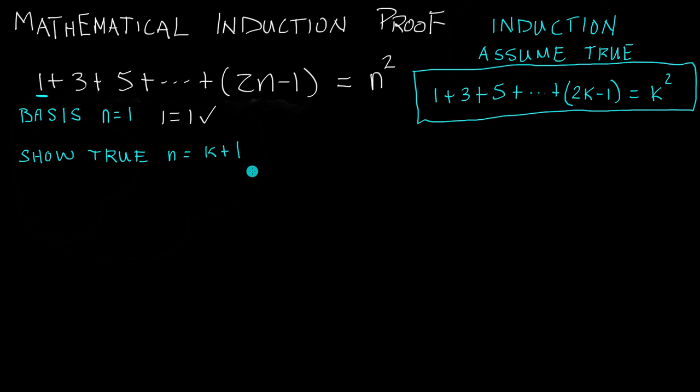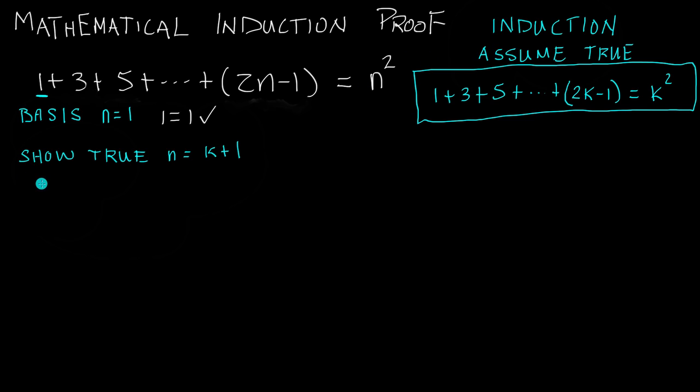So showing that the basis case works, and then assuming that it's true for any k we choose, and then based off of that assumption, if we can show it's true for the next case, then we've proved that this is true for any n value that we want, assuming that n is an integer with a value of 1 or greater. So now we're going to show that this statement is true for n equals k plus 1 based off of the assumption that we made in our induction step here.